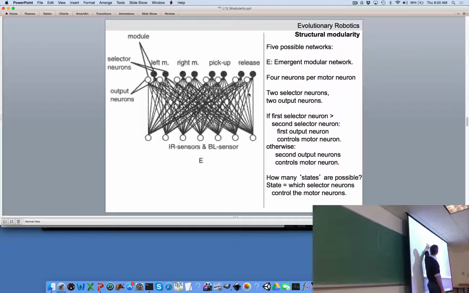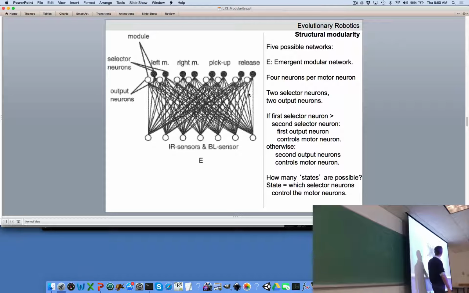When this neuron's value goes below this neuron's value, this neuron takes control of the left wheel, right? So evolution can figure out what these modules do by setting the synapses that go to the output neurons. And evolution can control which module is in control by evolving the synapses that connect the sensors to the selector neurons.